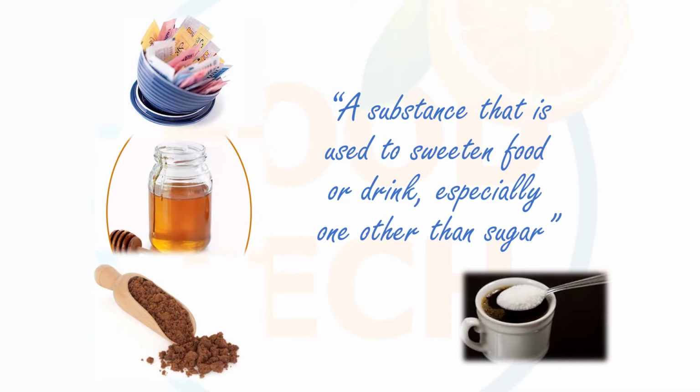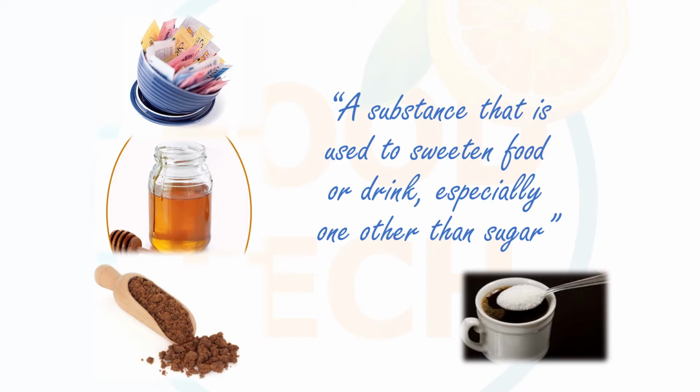Here you can see that it is written a substance that is used to sweeten food or drink, especially one other than sugar. Like a common example, we can say sugar is a widely used and most standard commodity or substance which is used to sweeten the food.